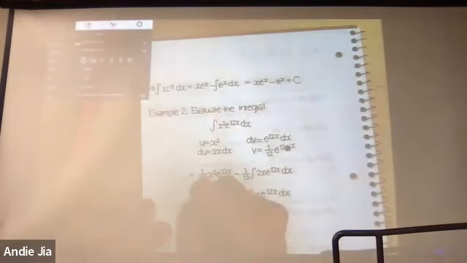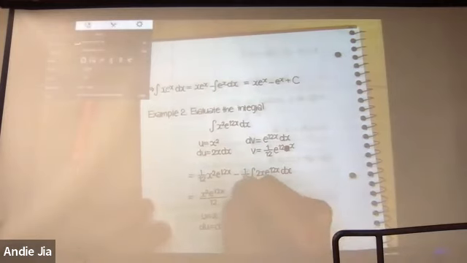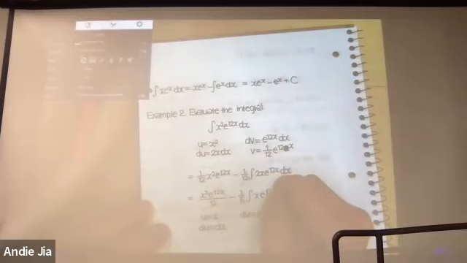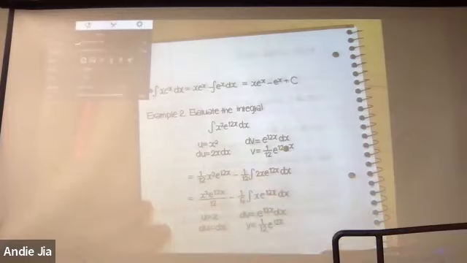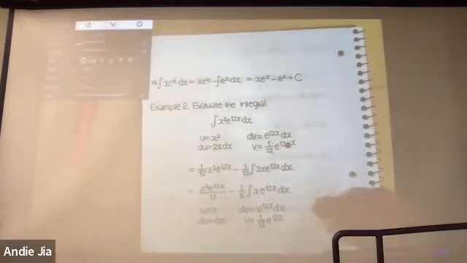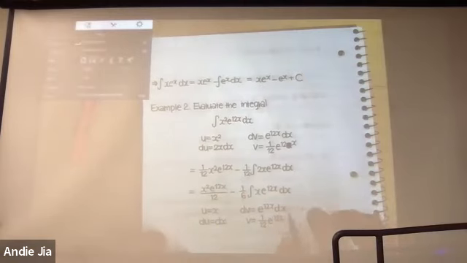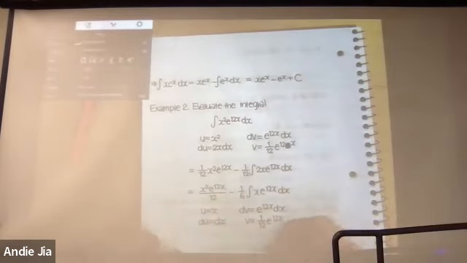So let u equal x, du equal dx. Then dv is e^(12x) dx, and v is 1/12 e to the 12x. And we just do another thing. This part remains unchanged.